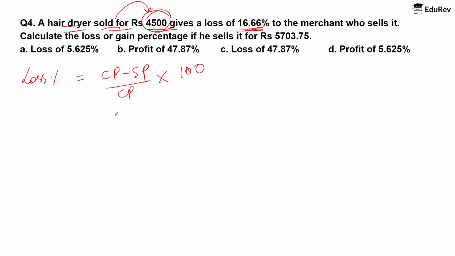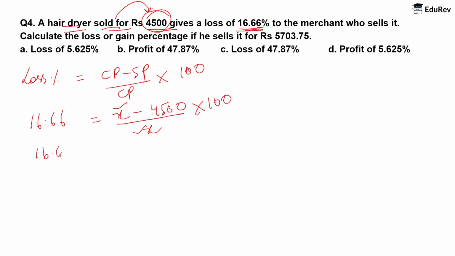Now using this formula, if I assume CP as x, I know the loss percentage is 16.66. CP is x, SP is 4,500, upon x into 100. So again, I got an equation in x. I can solve this equation and get the value of x from here.